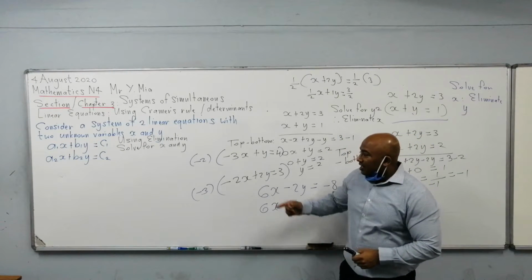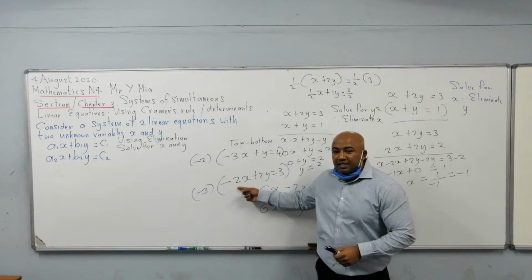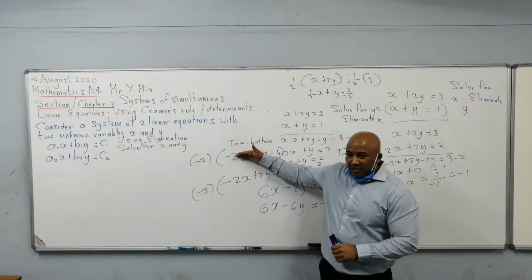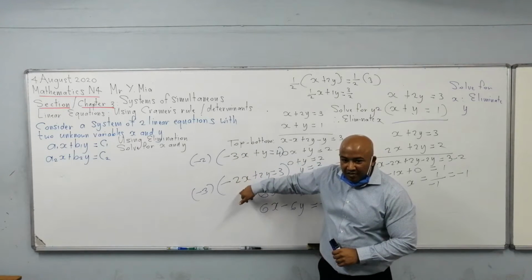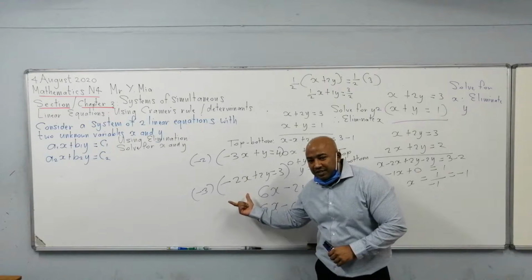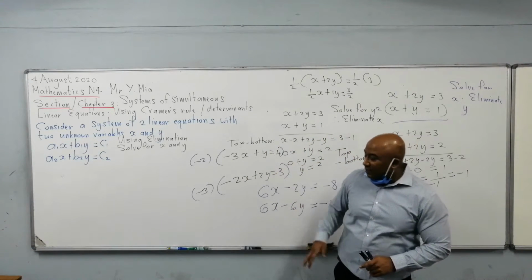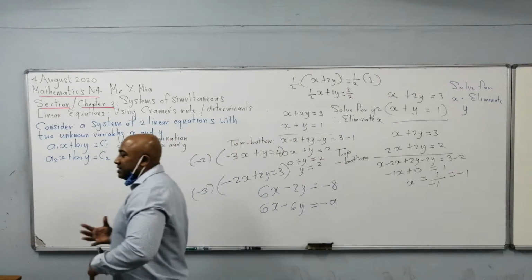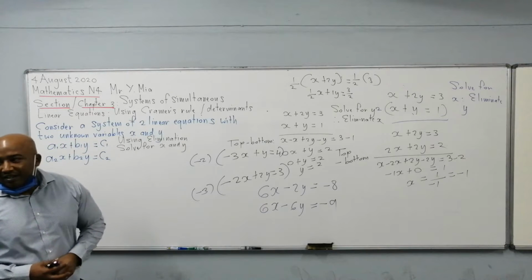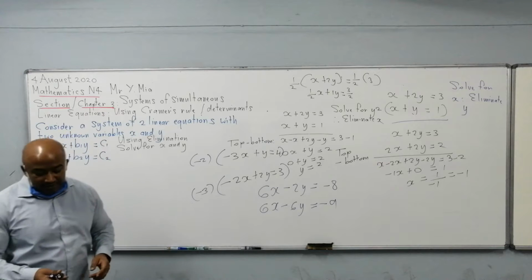So, if these two numbers are not the same, all you do is multiply the top equation by the coefficient of the variable that you want to eliminate in the bottom equation. Right, so that's exactly what I'm going to be doing here. Just that it's taking a bit long because I'm explaining it in detail, but this does not take very long when I do the actual Cramer's rule.